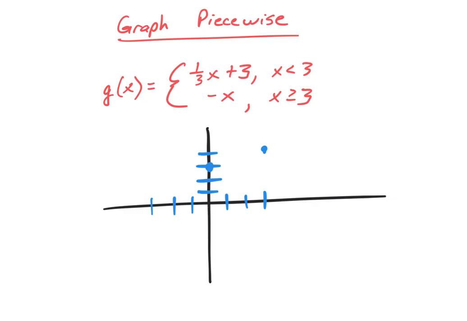I put a point here, and there should be a point here, but we're not including 3. So when I make this point right here, it actually should be an open circle, okay? Because there's no equal to sign here. So I'm going to graph this function all the way up to 3, but not including 3.